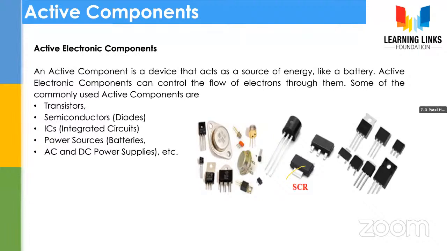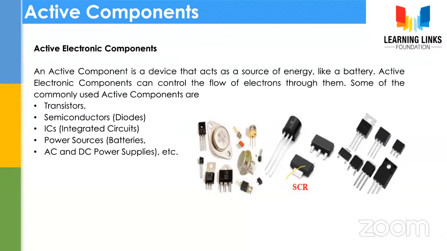So first thing is active electronic components. An active component is a device that acts as a source of energy. So it's clear about this line: this device acts as a source of energy.